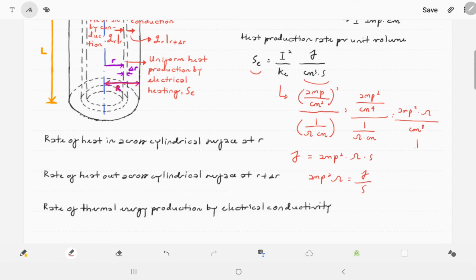Then this equals joule per centimeter cubed second. So we have cross-checked that this unit is indeed correct.